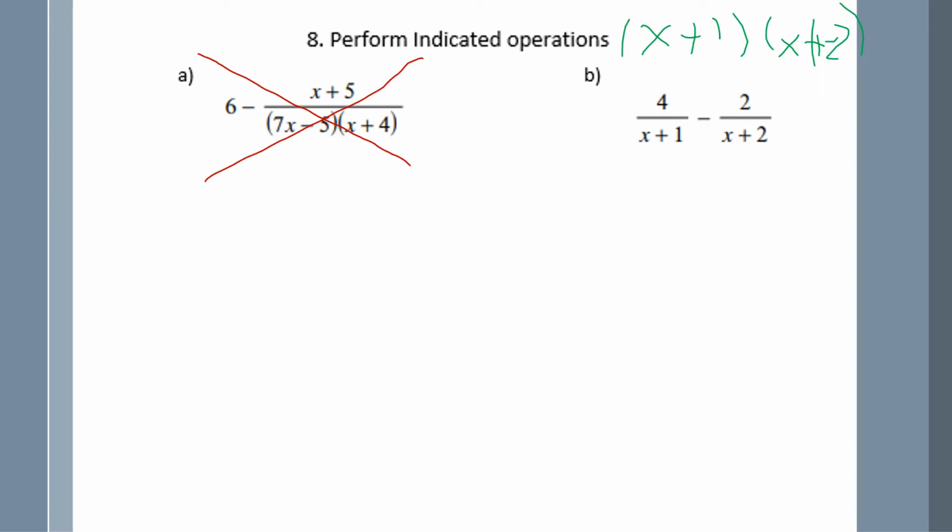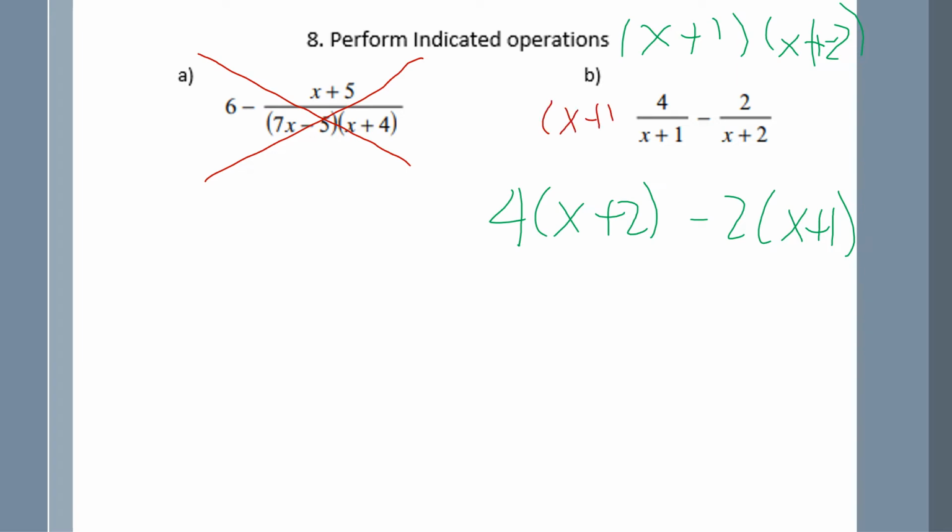So let's go ahead and do it. 4 times (x plus 2) minus 2 times (x plus 1), because again, the least common multiple is (x plus 1)(x plus 2). You multiply one side by x plus 1 and the other by x plus 2 to make those denominators the same.